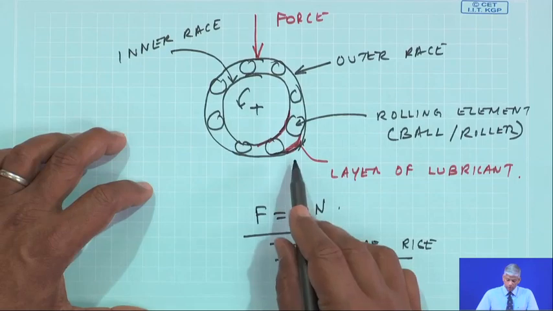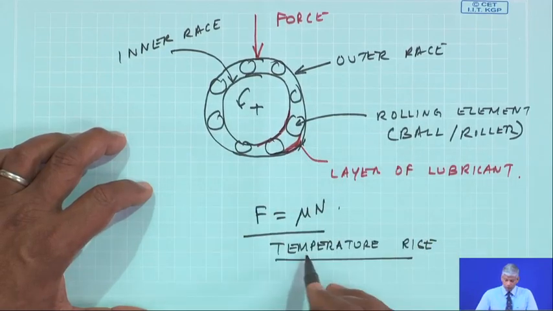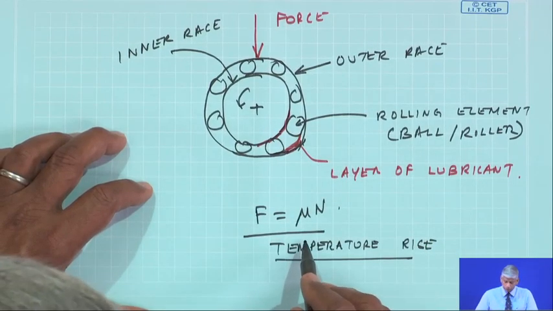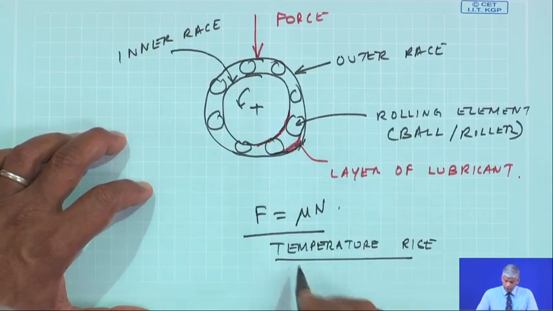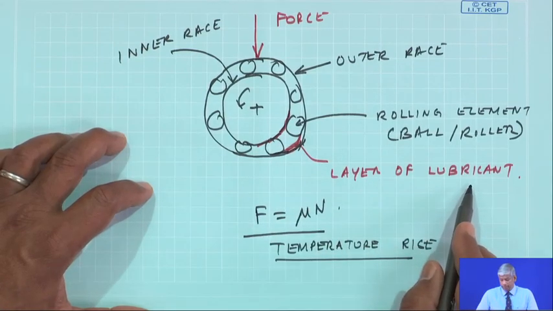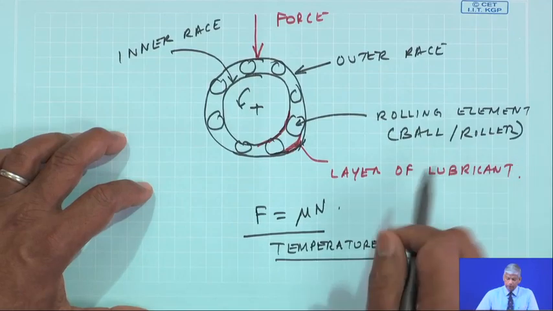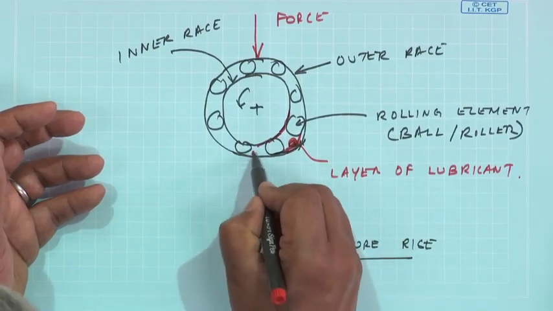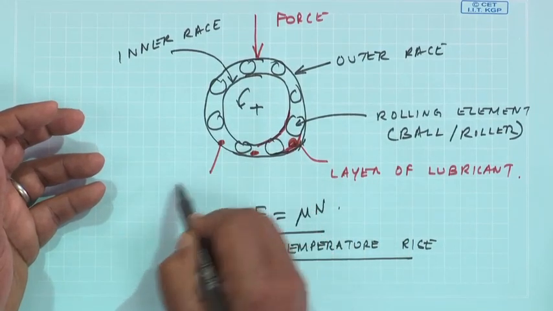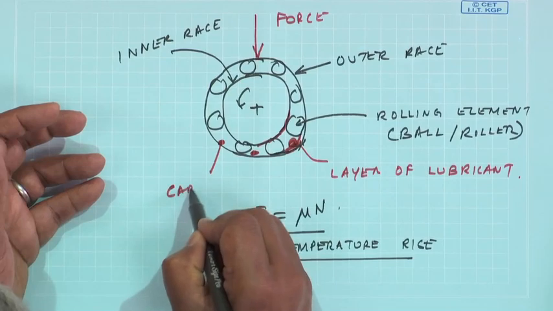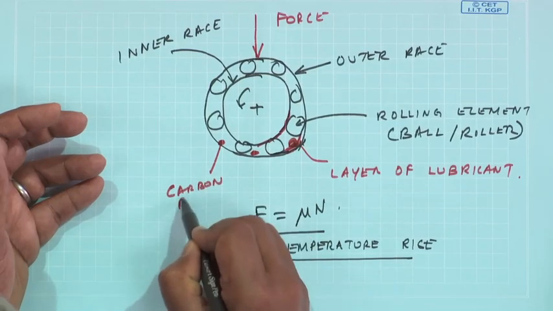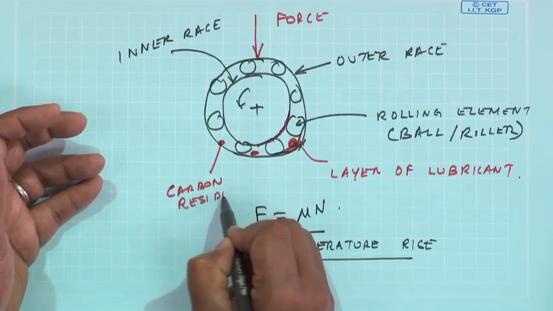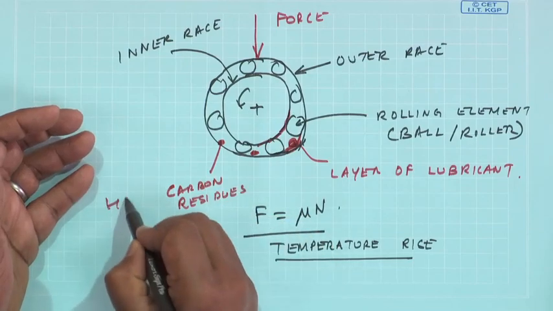If temperature rises, a lot of heat generation because of frictional forces, the lubricant could get baked. If the lubricant gets baked, and lubricant is a chemical fluid, I mean, the lubricant will burn and the burnt particles will become hard hydrocarbon residues, and they are very hard.